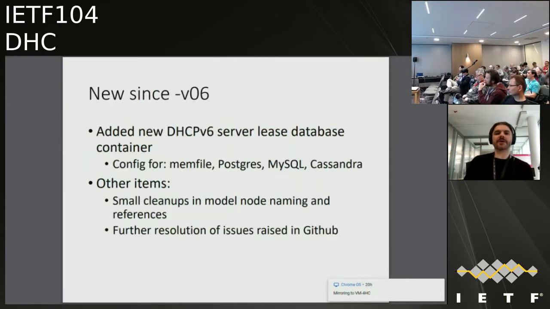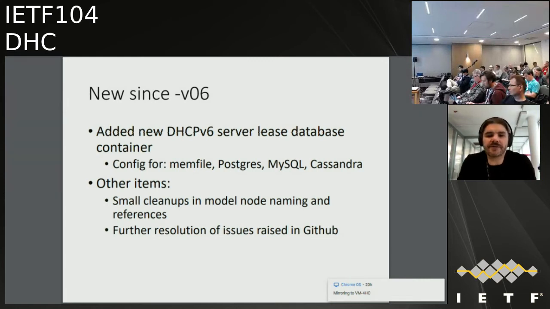Okay, so one of the comments that came in from the ISC work on implementing this was that we were lacking any configuration for storing leases and managing that side of things. Obviously, this is not written in any standards documents anywhere, but it's necessary for a DHCP server, so it makes sense to have some generic functions or ways that we can talk to common implementations in order to get that part working.